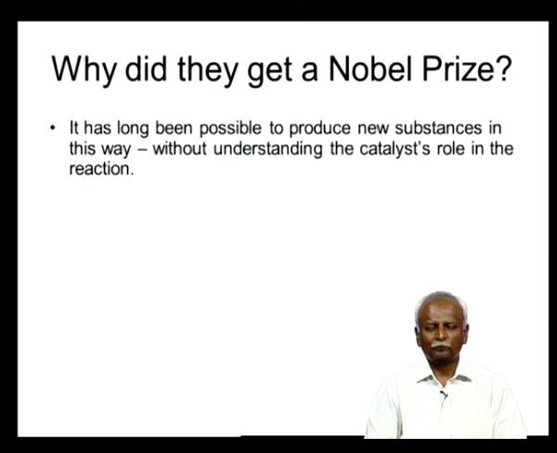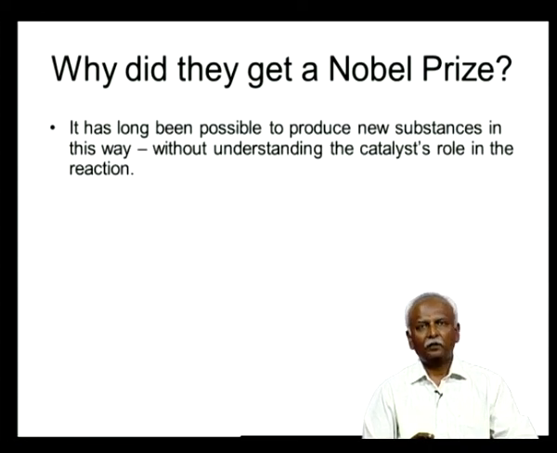Metathesis was known long before it was fully understood. But even when they did not understand the mechanism of the reaction, people were able to use it, but struggled to use proper catalysts.